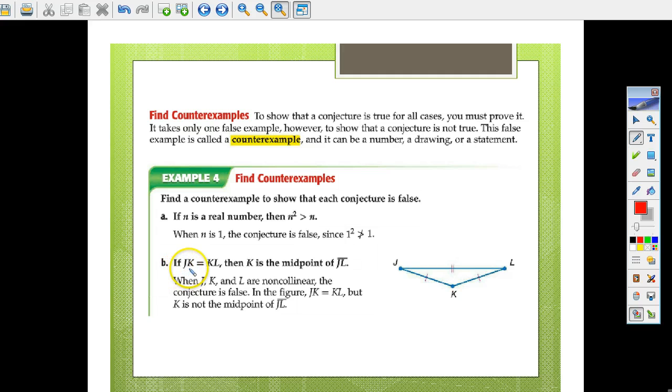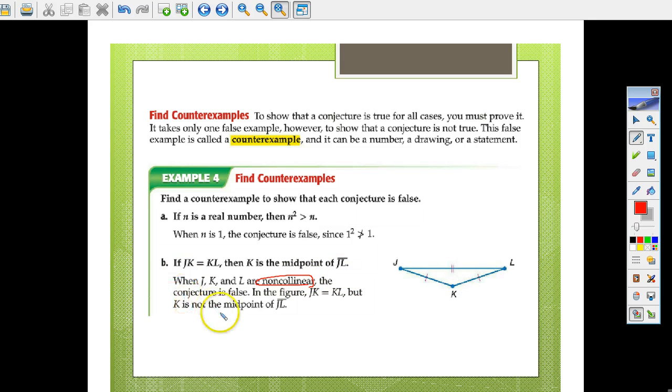Okay, here's another one. If JK equals KL, so these two lines here, then K is the midpoint of JL. When K, J, L are non-collinear, then this is false.